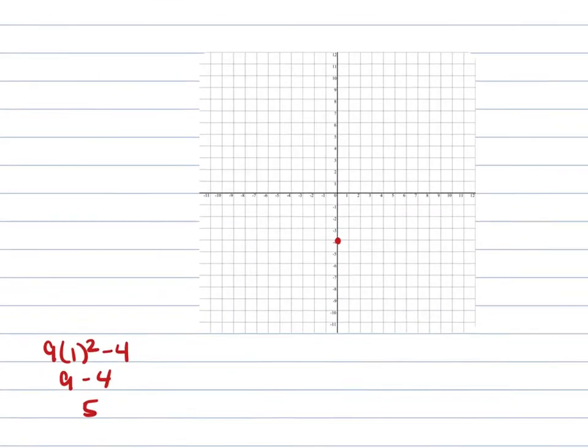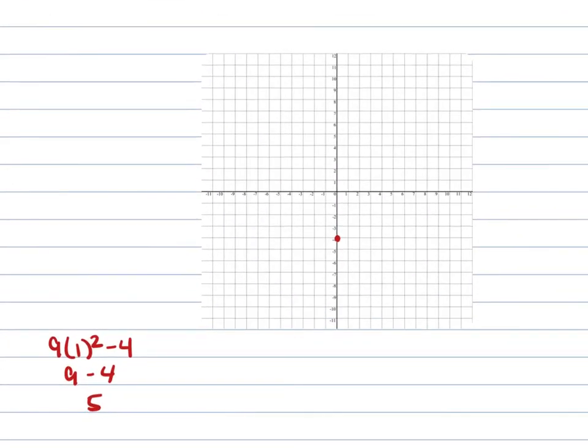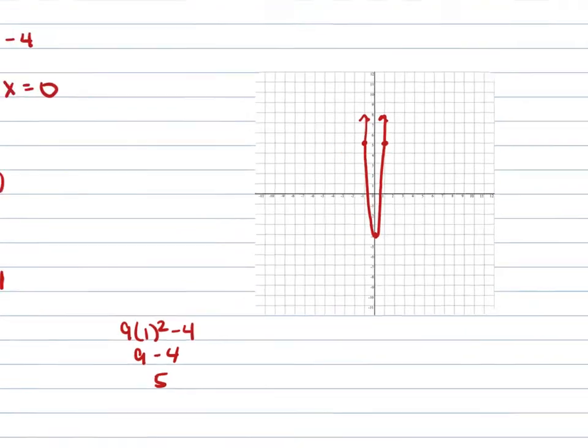So that's (1, 5). We're also going to get (-1, 5). You'll see that this is very narrow. So when we plug in 2 there, we would have 9 times 4 minus 4, and that's not going to fit on our coordinate plane. So we are just going to draw the line through these points and get our parabola that way.